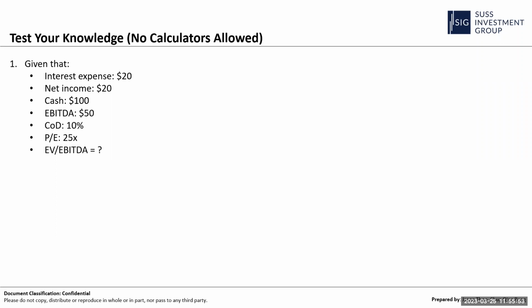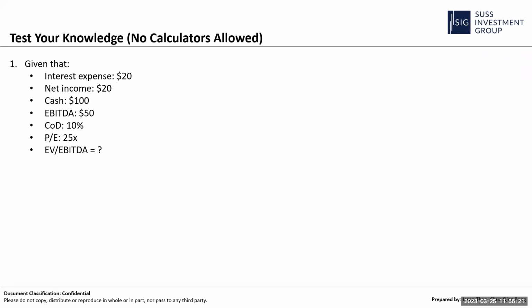So the first one, try not to use your calculator. It's just simple math. Given all those points, what is the EV/EBITDA? How will you guys proceed to solve this question? I give you the interest expense, net income, cash, EBITDA, cost of debt, and your PE.